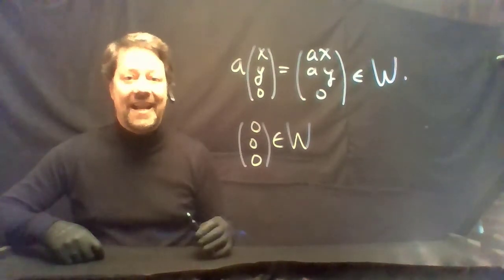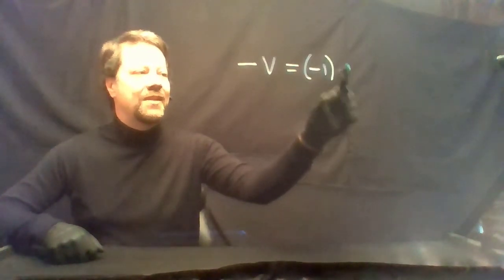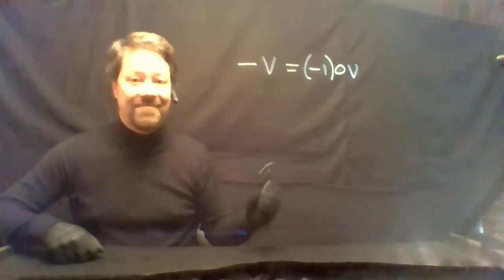That only leaves additive inverses. But the existence of additive inverses follows from closure under scalar multiplication. That's because the additive inverse of a vector is always -1 times that vector.